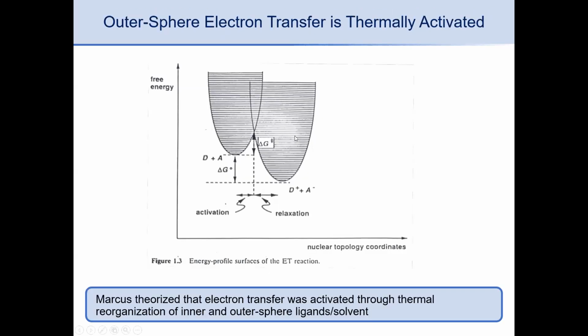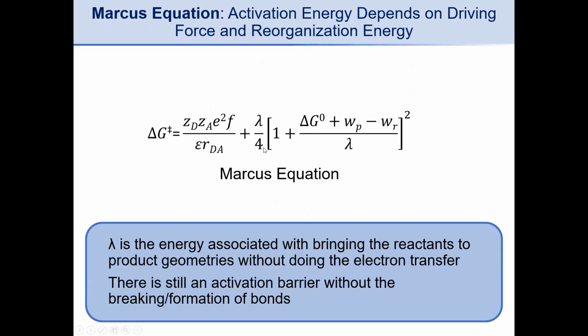By simplifying the problem into these harmonic oscillator potential energy plots, you can use some simple geometry to back out this formula, which is the Marcus equation for delta G double dagger. On the right, we have a term that represents the Coulombic attraction or repulsion between the donor and acceptor compounds.